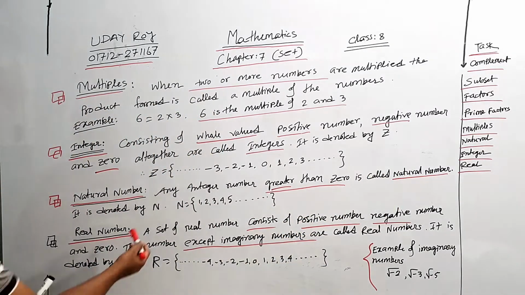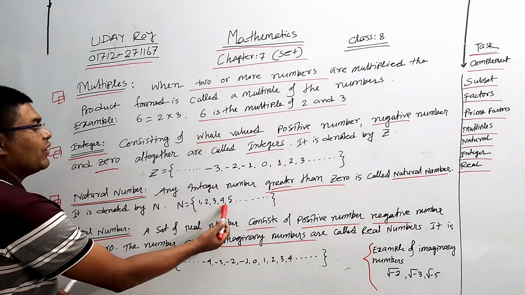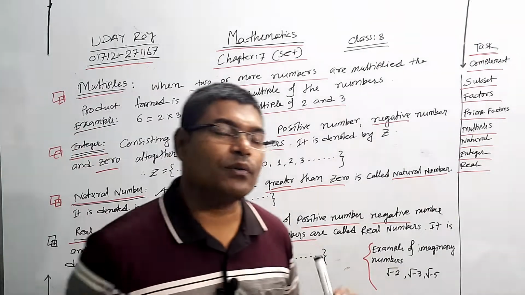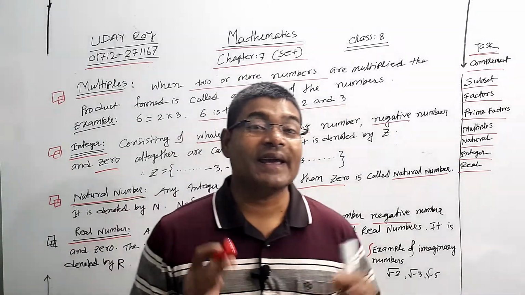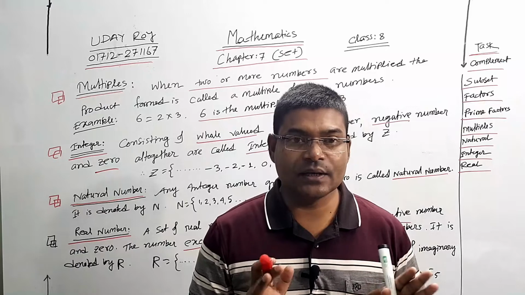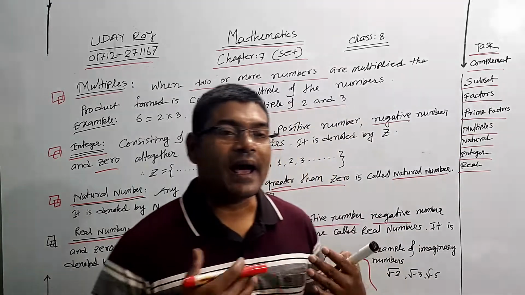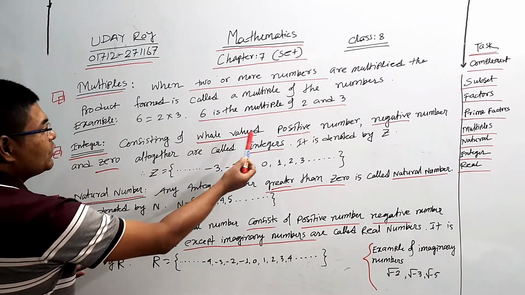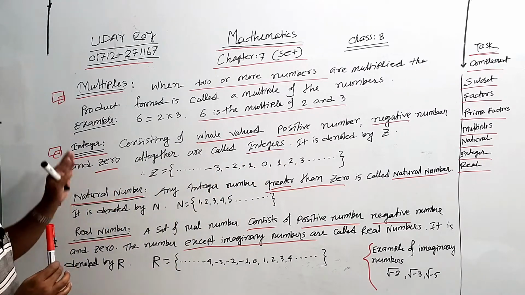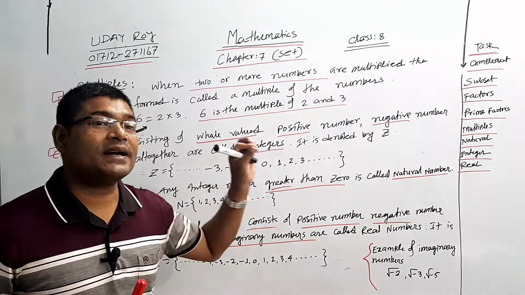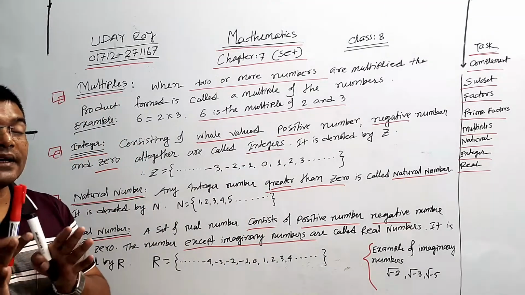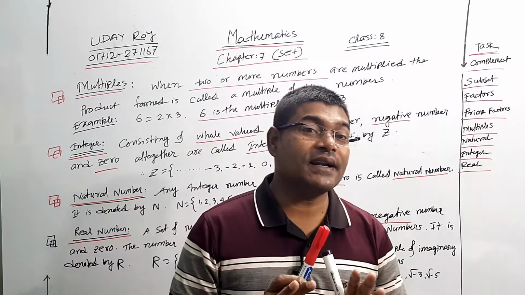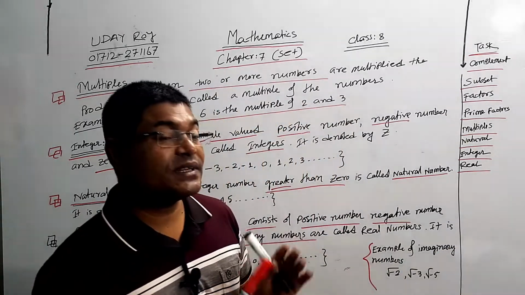It is denoted by capital N. N equals 1, 2, 3, 4, 5, dot dot up to infinity. You have to be careful. Integer means we have learned it consists of whole valued positive numbers, negative numbers and 0. But in natural numbers, any integer number greater than 0 is called a natural number, which is denoted by N.